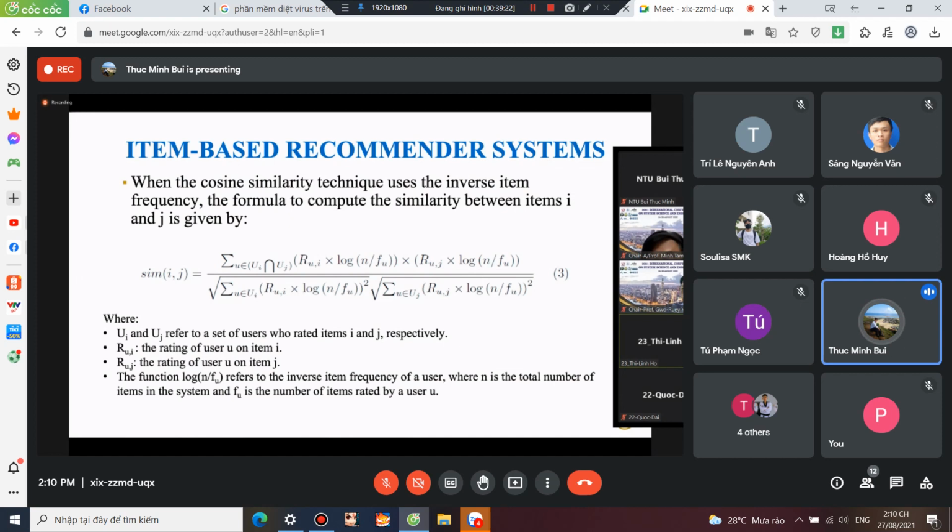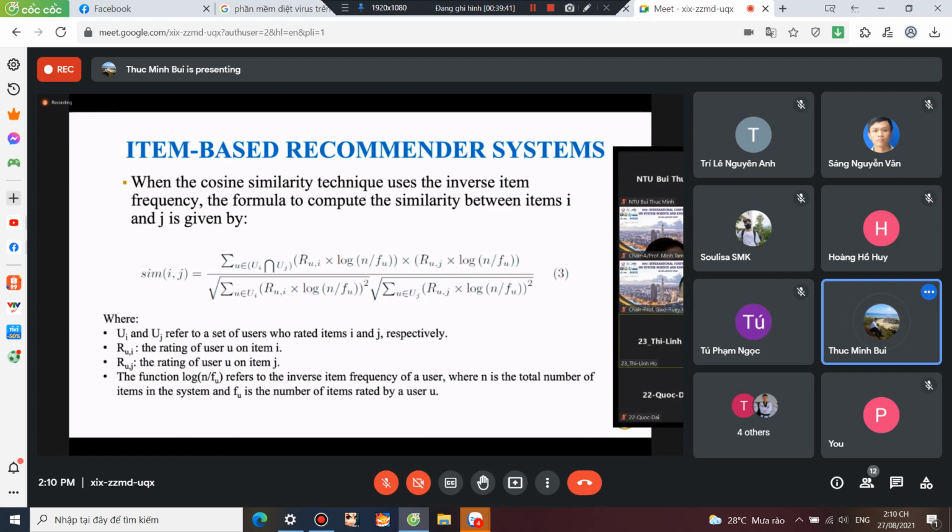RUI is the rating of user U on item I, and RUJ is the rating of user U on item J.